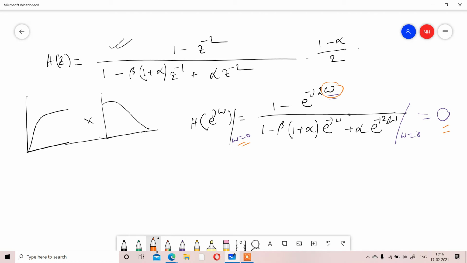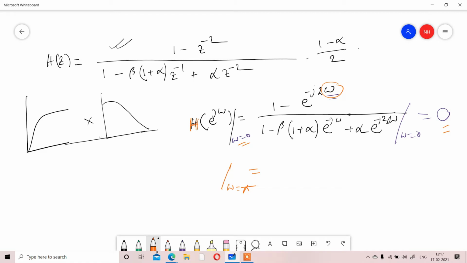Similarly, at omega equal to pi, what will you get? e to the power j 2 pi.